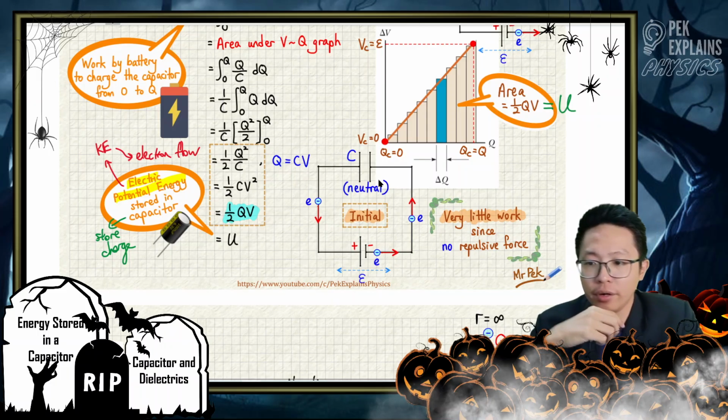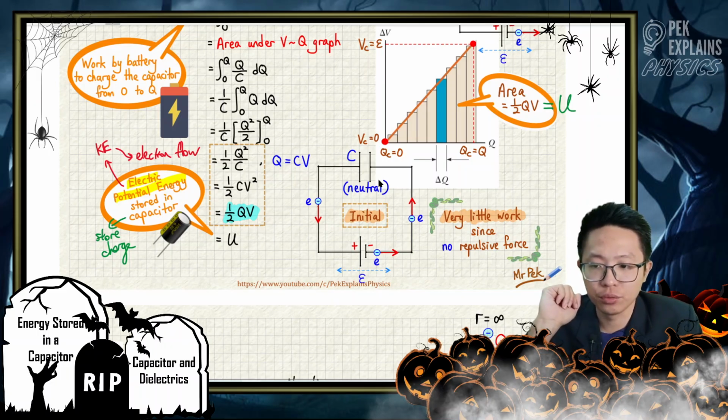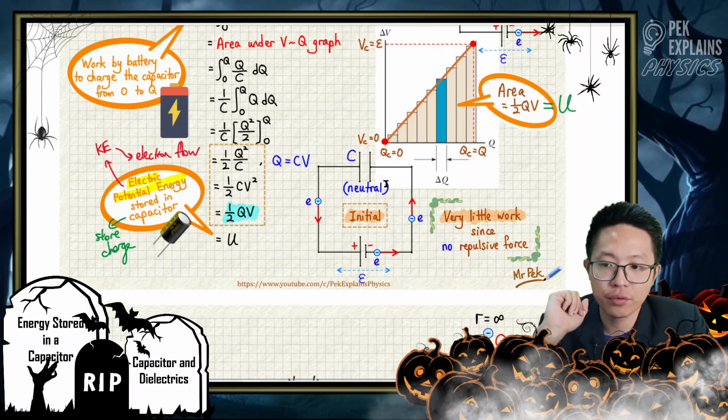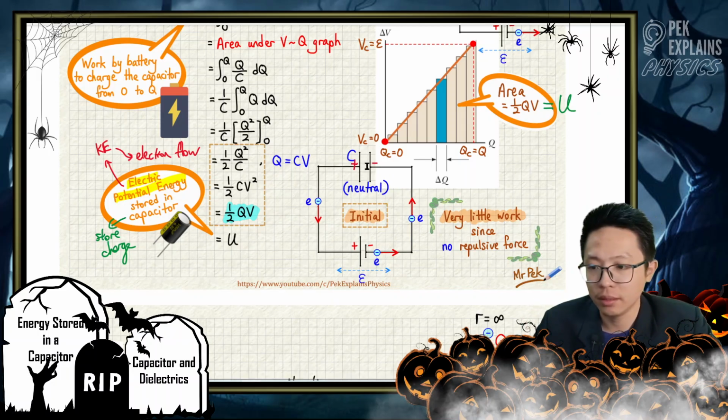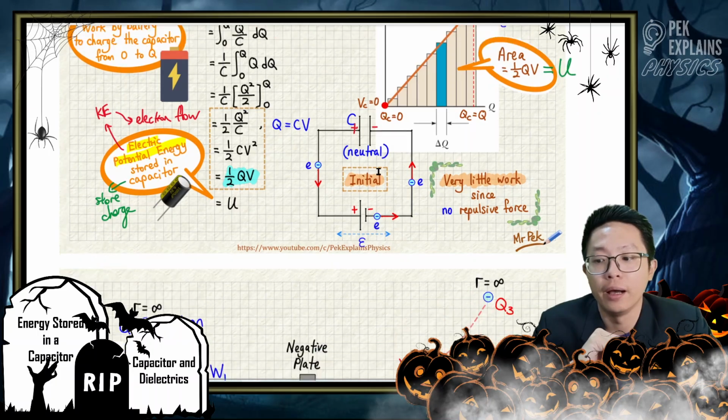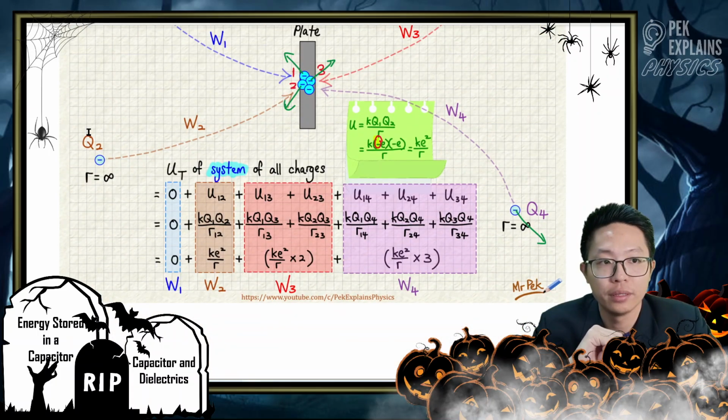But as the second electron is transferred out, after the first electron reaches the negative plate, now you have already built up 1 negative there. Okay, 1 negative. Now you want to bring a second electron from the positive plate to the negative plate. The second electron will start to experience the repulsive force from the first electron.